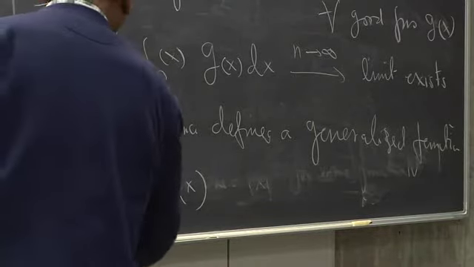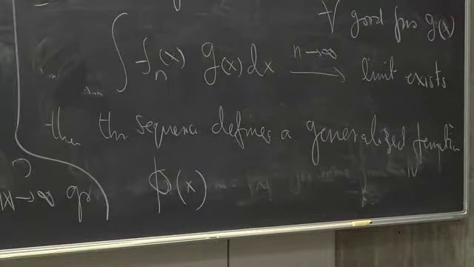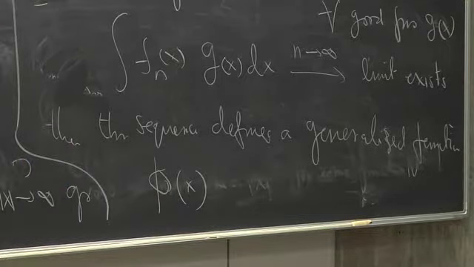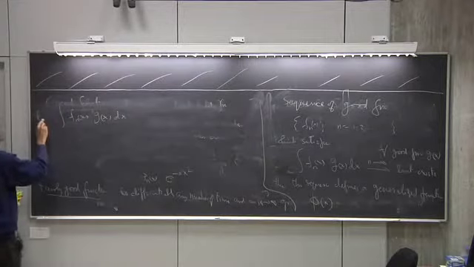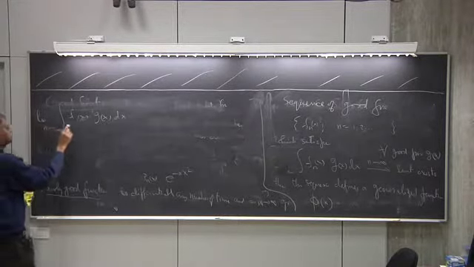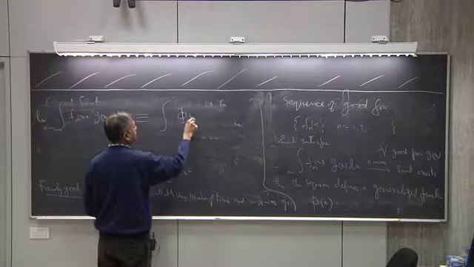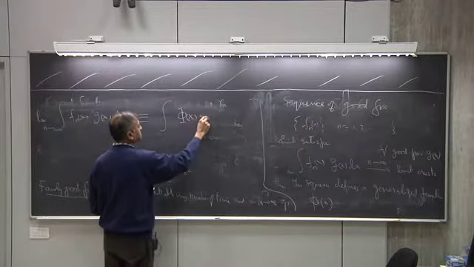Okay. And so this limit, the limit as n goes to infinity of the integral of f_n of x g of x dx, you define as the integral of phi of x g of x dx.